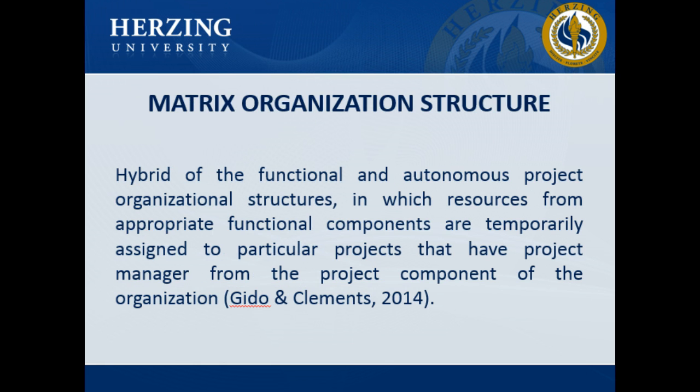The last organizational structure we will look at is the matrix organizational structure. This structure is a hybrid of the functional and autonomous project organizational structures in which resources from appropriate functional components are temporarily assigned to particular projects that have project managers from the project component of the organization.